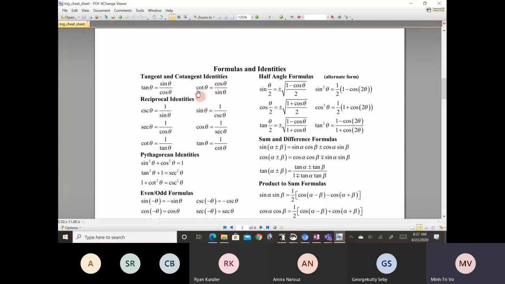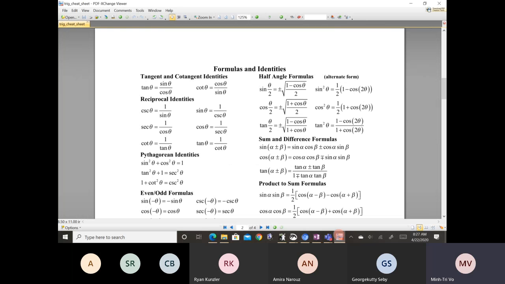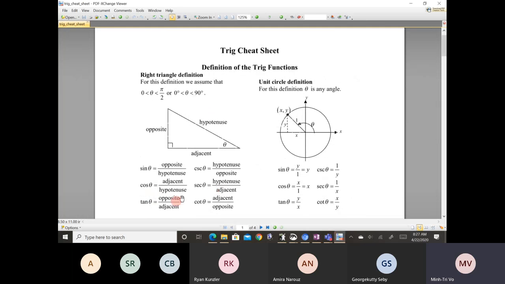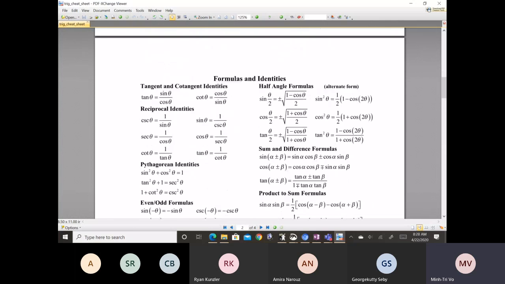The two sets here are just coming from the unit circle definition of the trig functions. We use the unit circle definition here, but it's exactly the same for the right triangle. If you compare the opposite, hypotenuse, and adjacent formulations, they have exactly the same relationship. So that's where these identities come from.